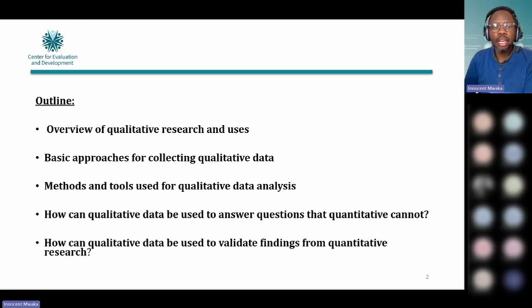And then finally, I would also like to look at how qualitative and quantitative data can be triangulated to validate findings.